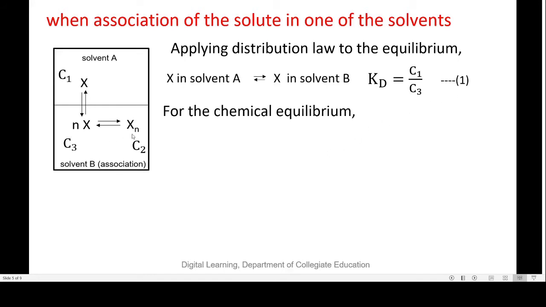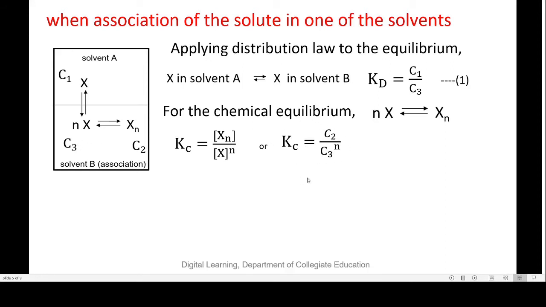Now we can take the equilibrium that is formed in solvent B. So nX giving Xn. On applying law of mass action to this equilibrium, the equilibrium constant Kc is given by concentration of Xn upon concentration of X to the power of n, or Kc will be equal to C2, concentration of Xn, upon C3, concentration of X, to the power n.